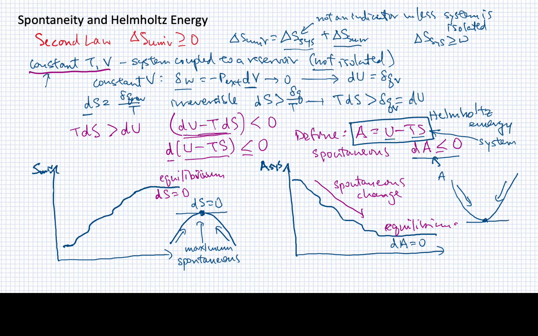When it achieves a minimum where the slope is equal to 0, that's where change stops, so that's where the equilibrium is. So I'll say the equilibrium is a minimum in the Helmholtz energy. And if the change in Helmholtz energy is ever greater than zero, it's not going to move toward that minimum. It's going to move in the other direction, so it moves away from its minimum.